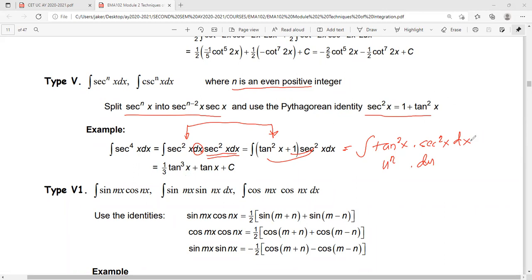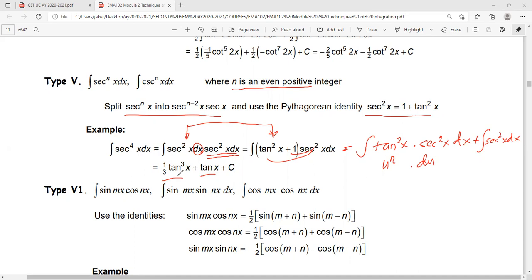For the second one, even easier, because the secant squared of x dx is right away integrable using the simple trigonometric integral. The answer is the tangent. So that's the purpose why in type 5, your secant or your cosecant function should be raised to an even positive exponent.